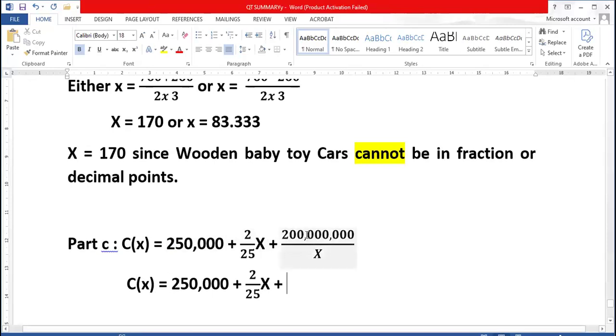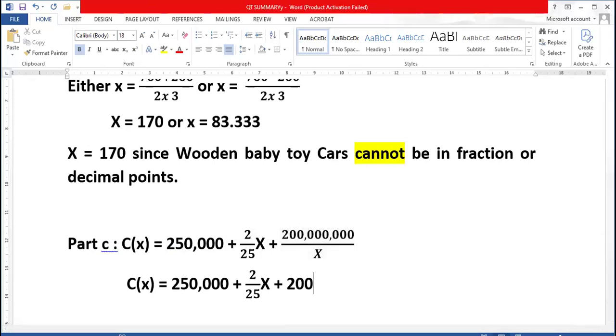I told you when you have something like 1 over b, 1 over b is the same as b power negative 1. If you have 2 over x, it is the same as 2x power negative 1 if you want to remove the denominator.